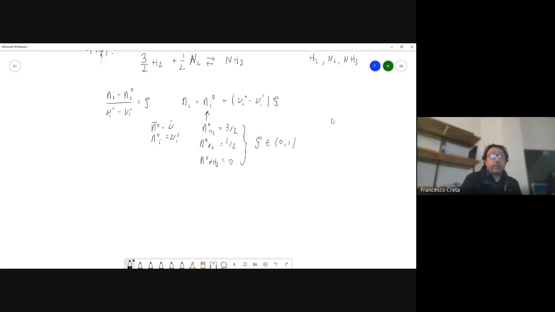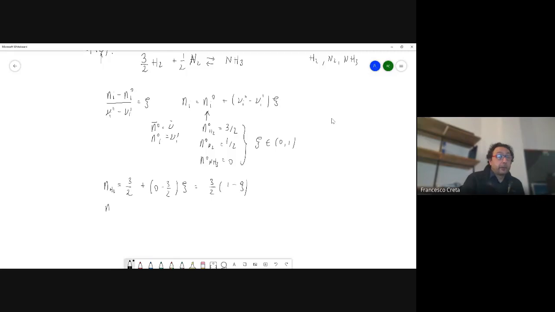So now we can really write down an expression for the number of moles. The number of moles of H2 is equal to what? To the initial number of moles, which is 3 divided by 2, plus this quantity here, which is 0 minus 3 divided by 2, times psi. So we can write this as 3/2 of 1 minus psi.